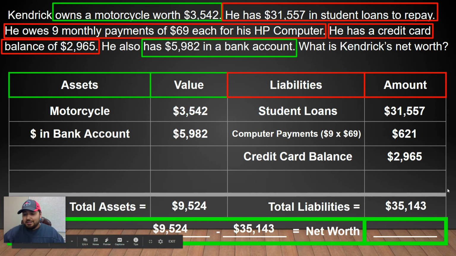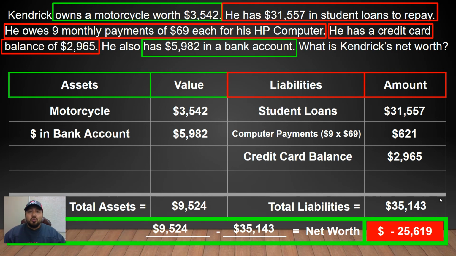Therefore, he is in the negative net worth. He has a negative net worth of $25,619. So when your liabilities outweigh your assets, you are considered to have a negative net worth.